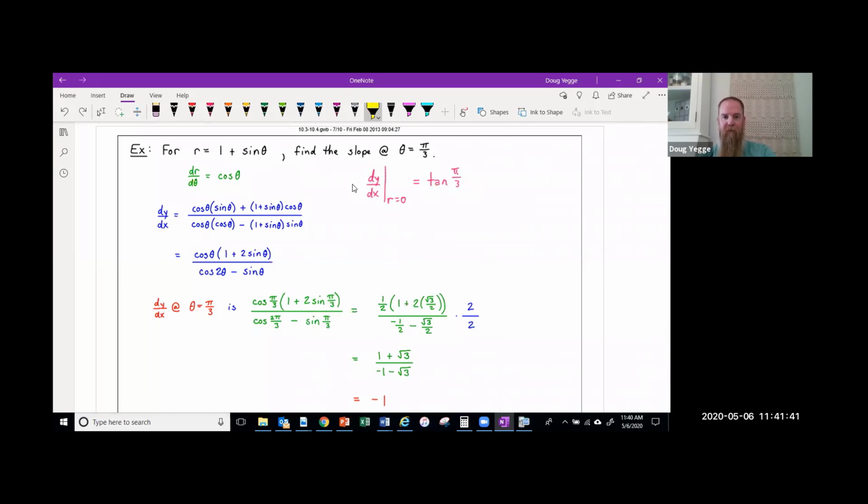Well, I'd have to first of all start off by figuring out what angle gives me 0 for r. In other words, when is negative 1 equal to sine theta? When is sine theta negative 1? At 3 pi over 2. So it's actually not tangent of pi over 3, it's tangent of 3 pi over 2.